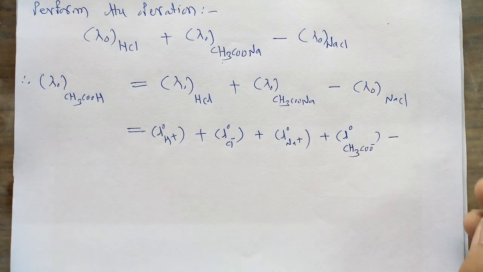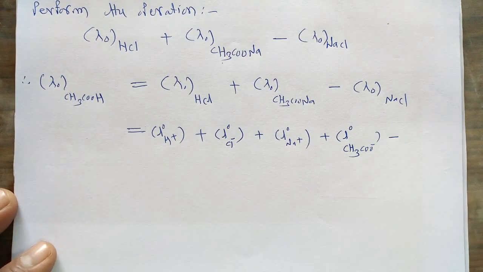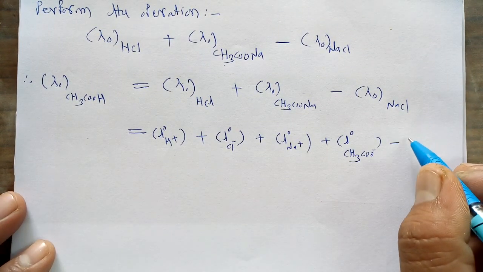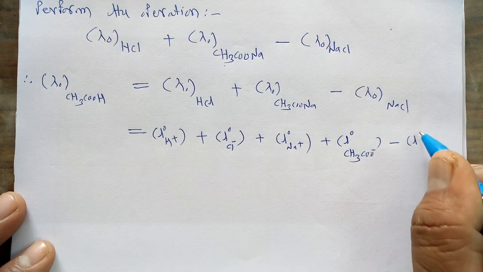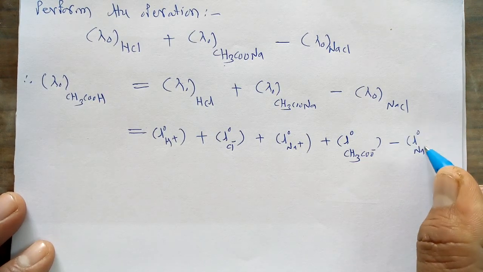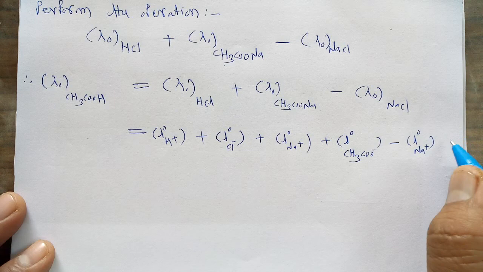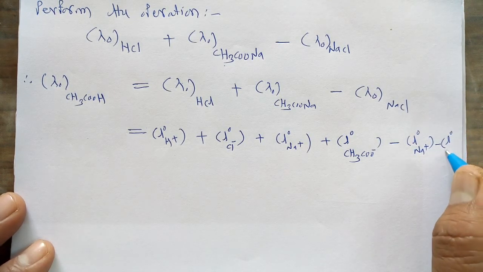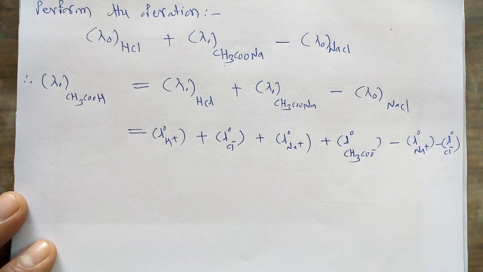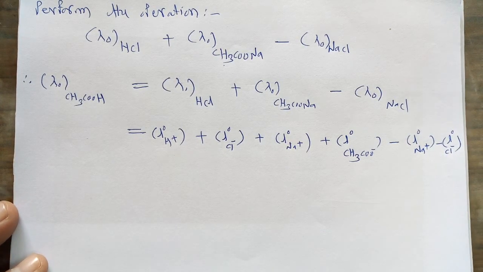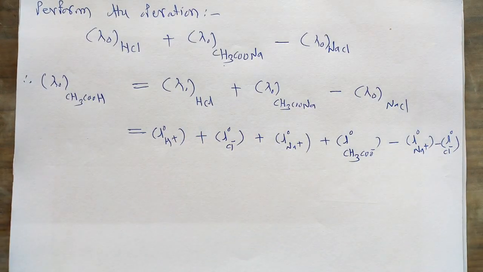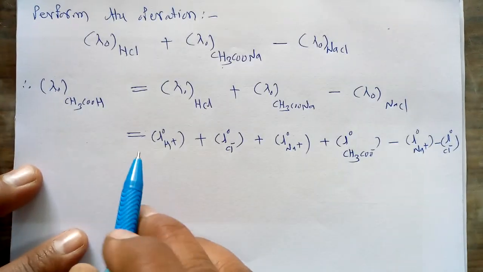For the last electrolyte NaCl, it is the contribution of lambda 0 for Na plus and minus lambda 0 for Cl minus. So this is the contribution of each and every cation and anion towards lambda 0 for these three different strong electrolytes.